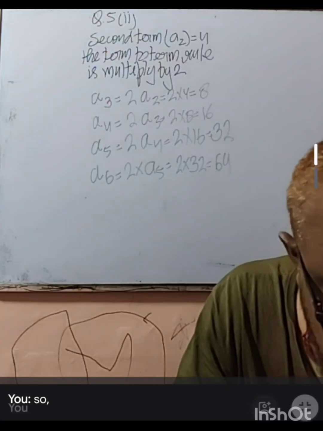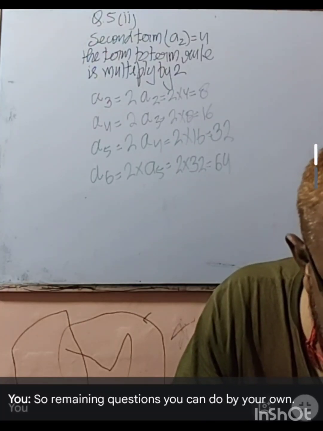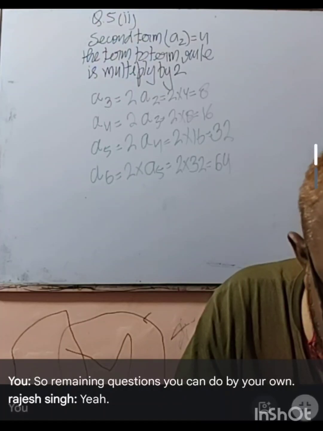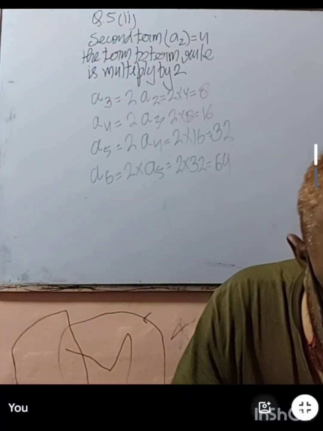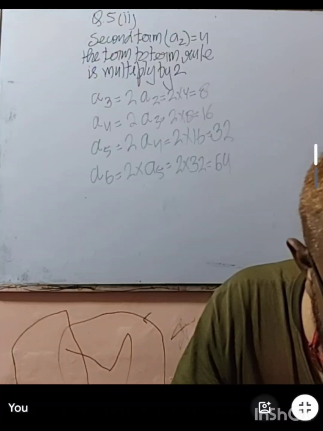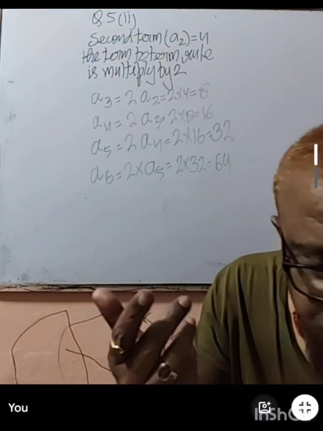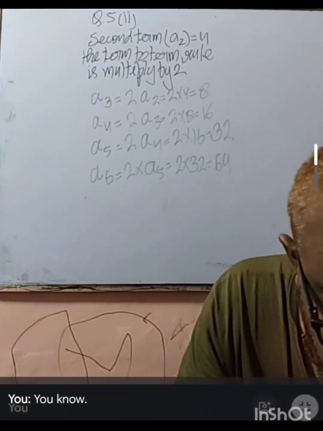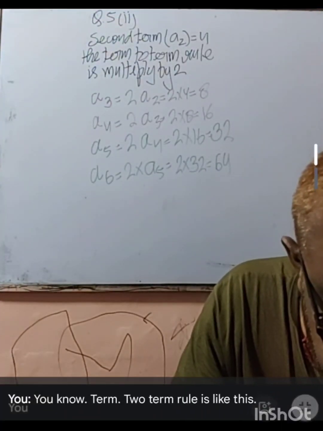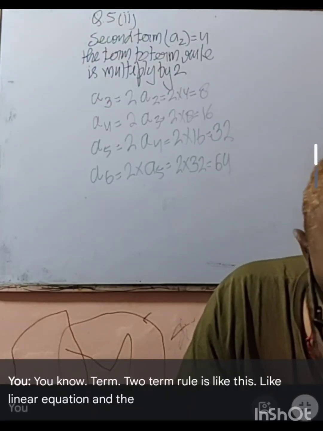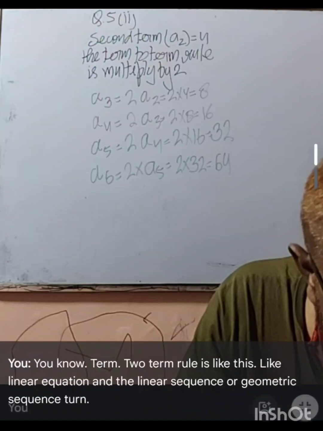So, remaining questions you can do on your own. You know, term to term rule is like this, like linear sequence or geometric sequence, term to term rule, right?